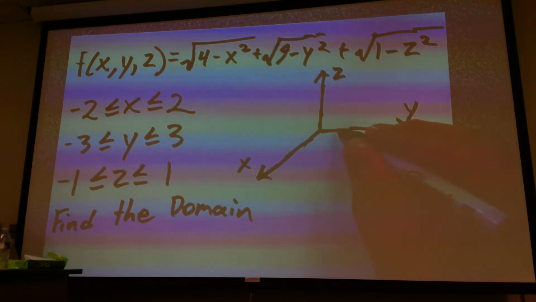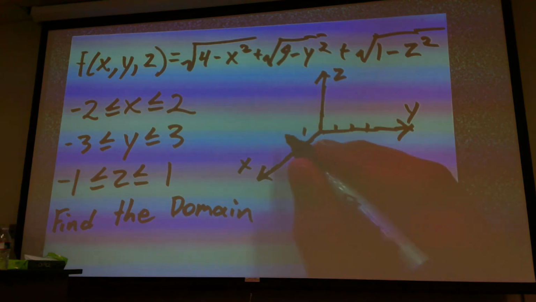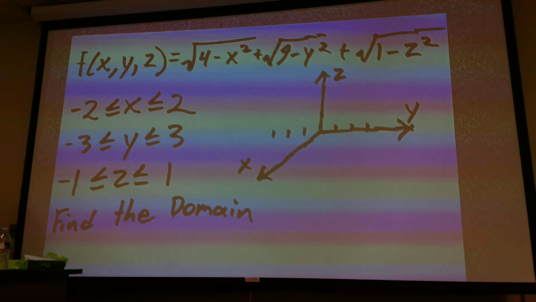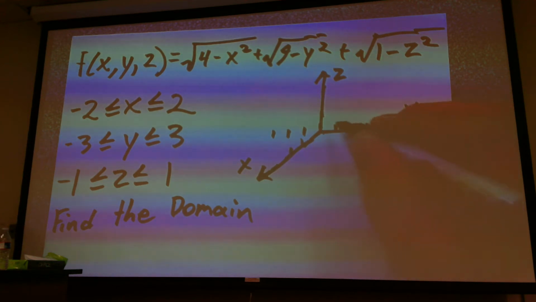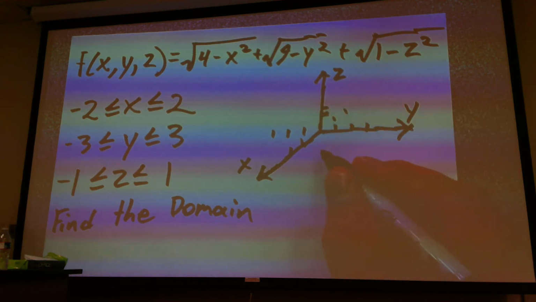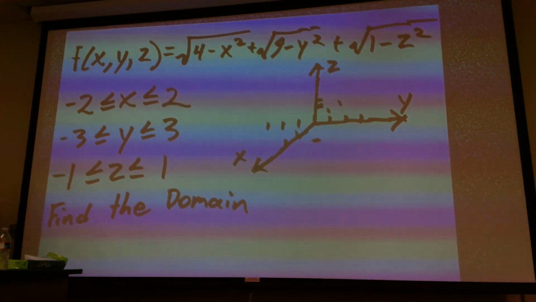So my y is going to go up 1, 2, and 3, and it's also going to go back 1, 2, and 3. Now my x-axis is going to come out 1 and 2, and back 1 and 2. And then my z is going to go up by 1, and down to -1. So what am I really looking at in this domain?